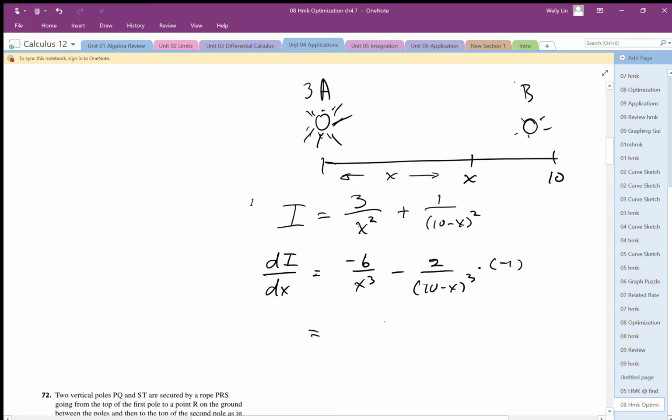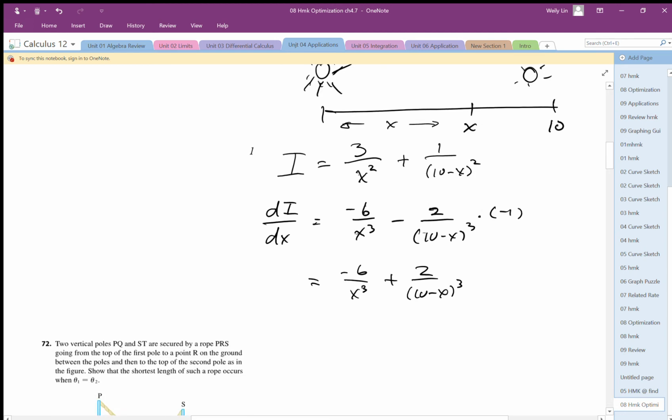I'm going to simplify this: negative 6 over x cubed plus 2 over 10 minus x cubed. So I want to know when this is equal to 0. To make it equal to 0, I'm just going to move the negative to the other side, and then solve this equation.